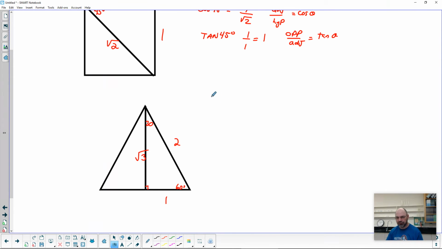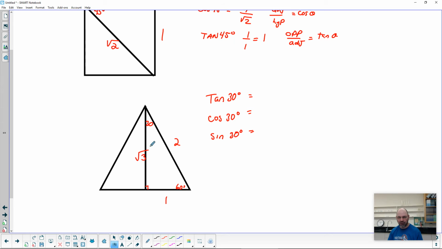So our ratios here for tan 30, cos 30, and sine 30 can be calculated. Tan 30 is opposite over adjacent.